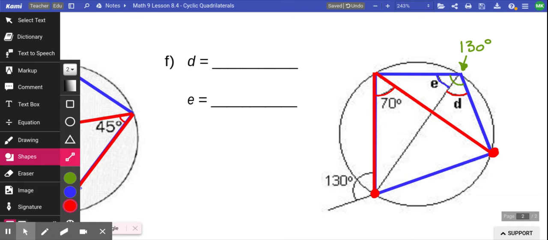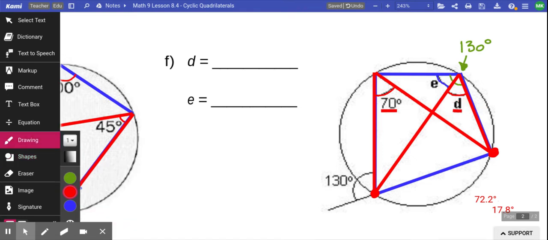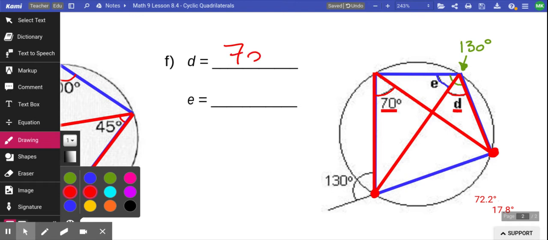So if I went from that first point out here, and then back to this second point over there, that inscribed angle, D, should be the same thing as this inscribed angle of 70 degrees. Because that's our inscribed angle rule. Must be the same thing.